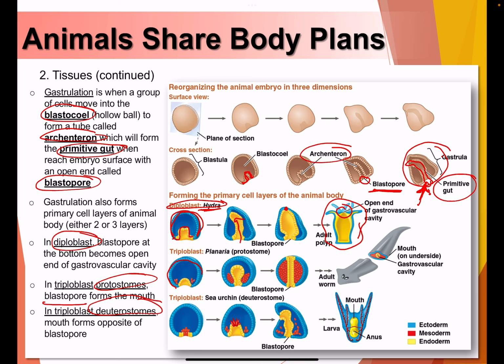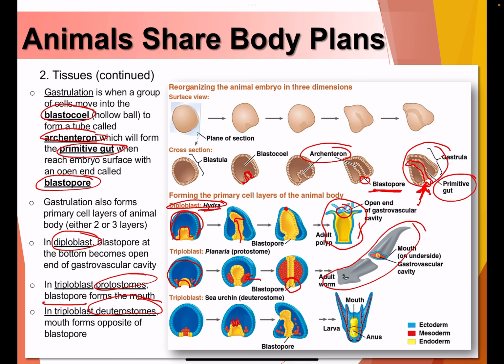So here's the ectoderm, endoderm, and then all of a sudden you see these red cells that start to bud off from the endoderm. That's your mesoderm cells, eventually filling in the space between your ectoderm and your endoderm. And here's the blastopore at the bottom that will eventually become the mouth, for example, in an adult worm.